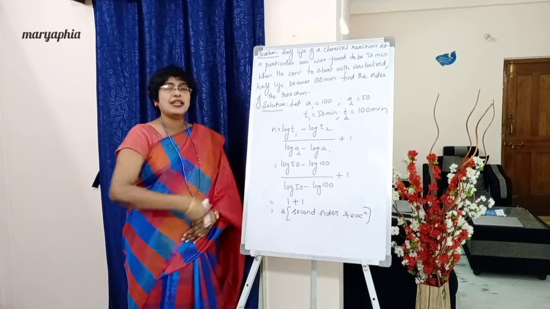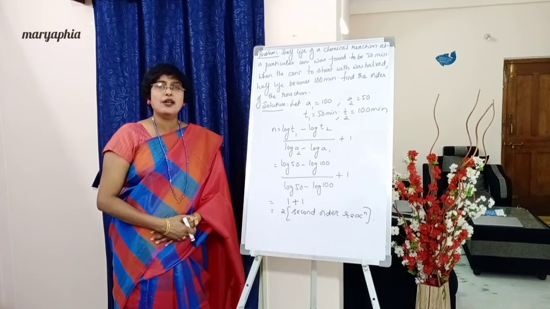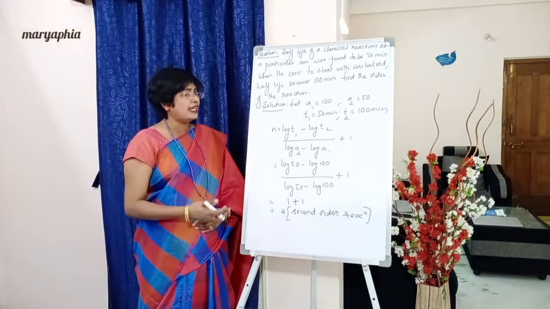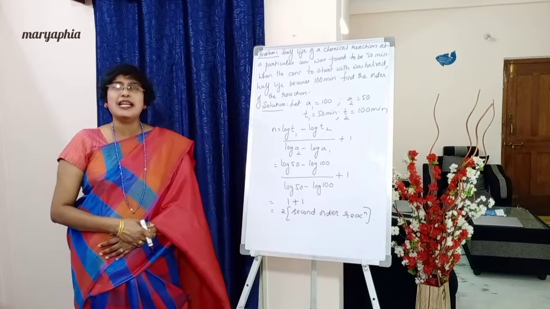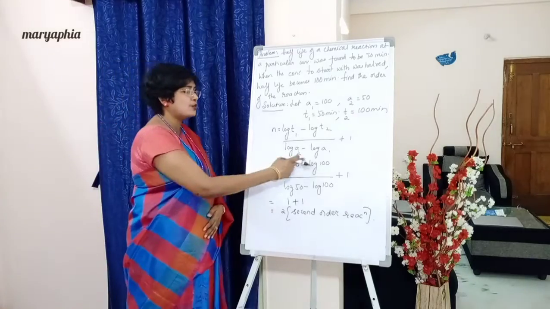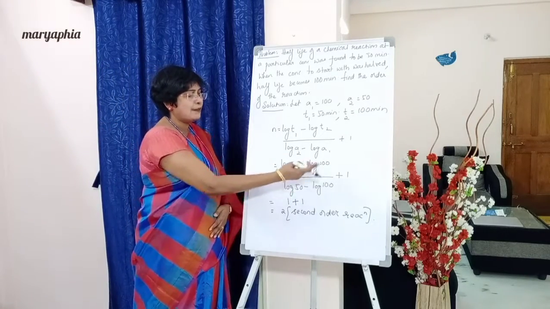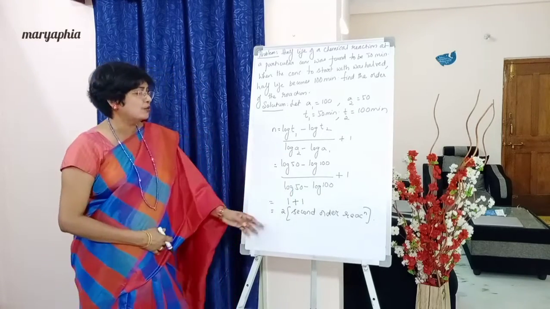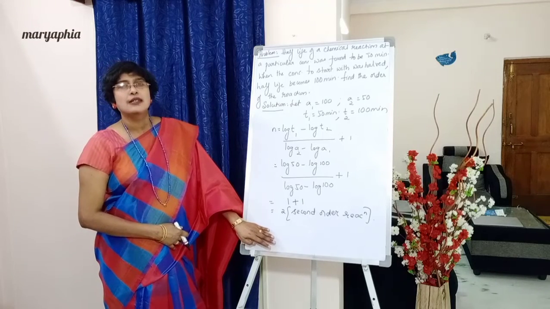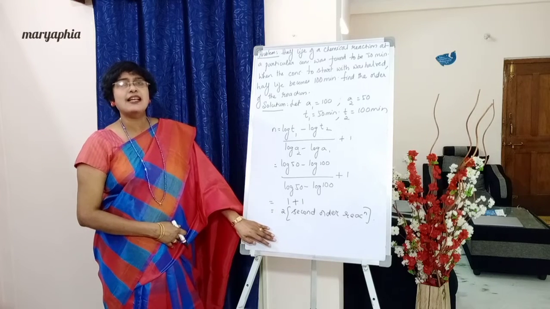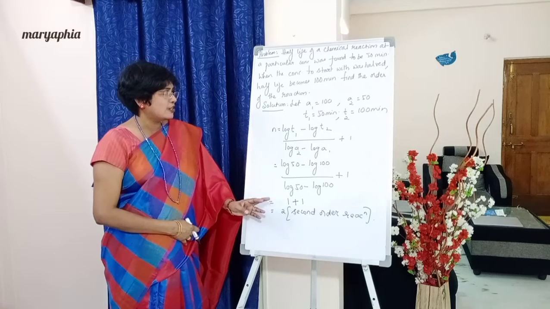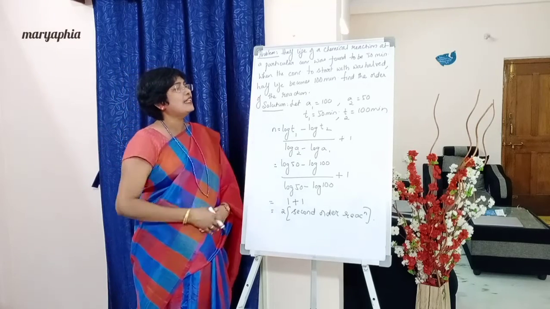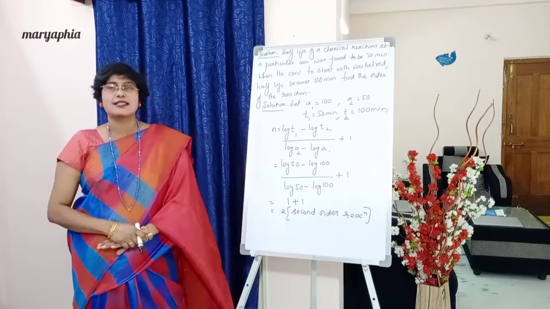So both are the same, you can cancel it off, or if you want to check the logarithm values of 50 and 100 also, both the values will be cancelled, and what remains? 1 remains if these two get cancelled. So 1 plus 1 is equal to 2. Therefore, in brackets mention second order reaction. The order of the reaction is 2 when the data is given like this.